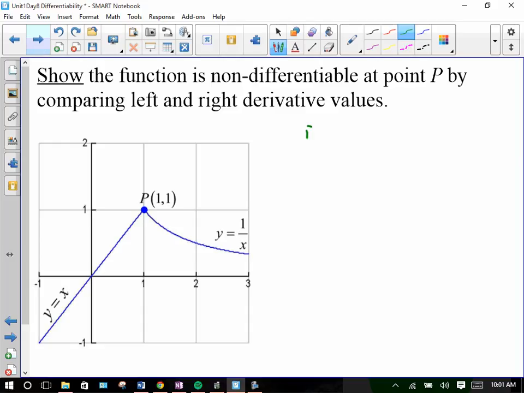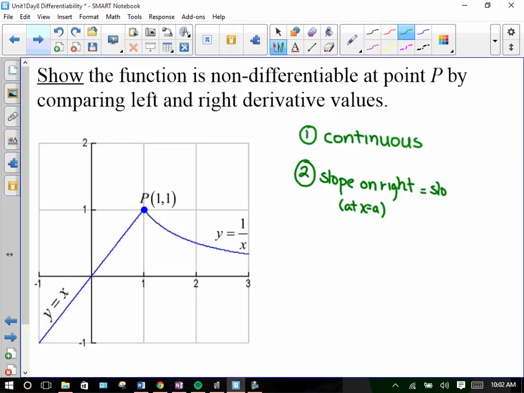It must be continuous, and the slope on the right at x equals a must equal the slope on the left at x equals a.